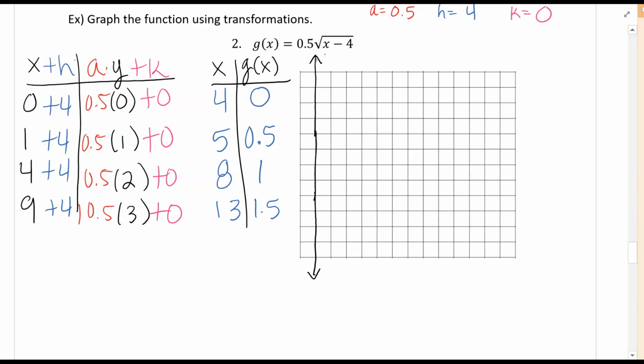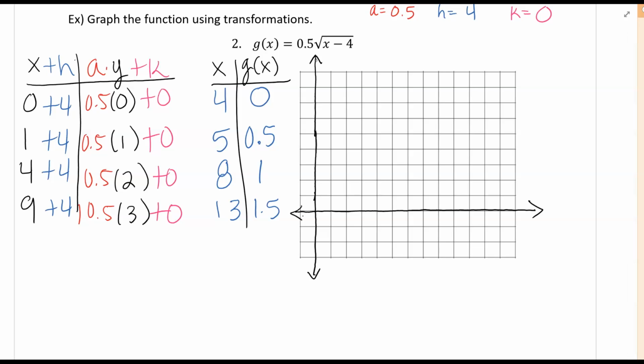And then my Y values, I only have positives from 0 to 1.5. Because of the 0.5s, I'm going to make my scale go by 0.5 instead of 1. Okay?